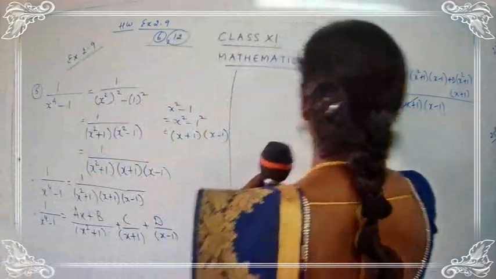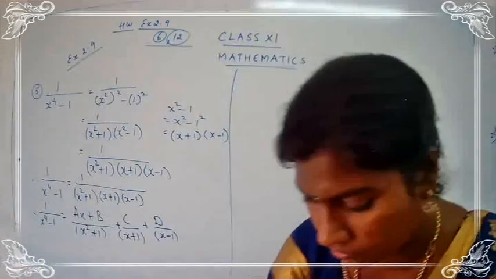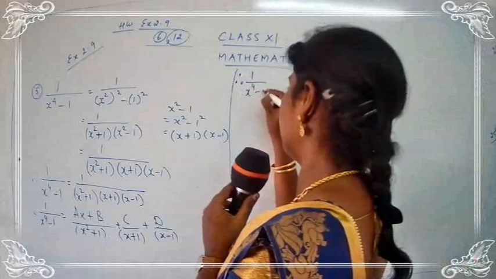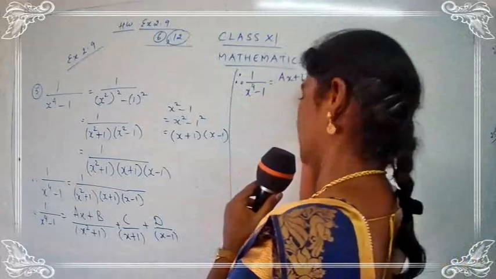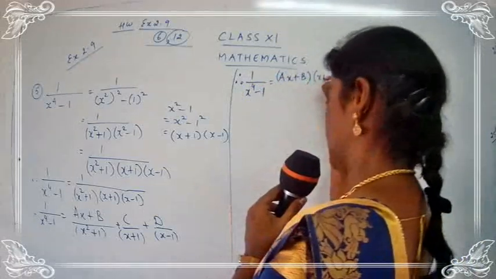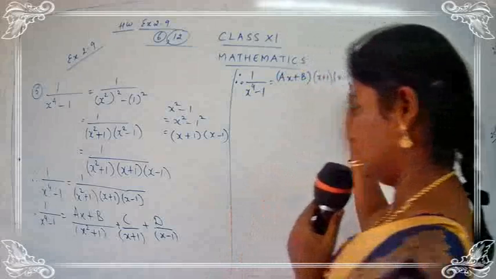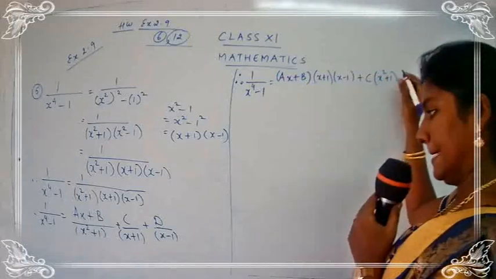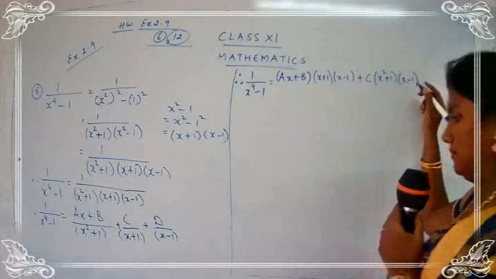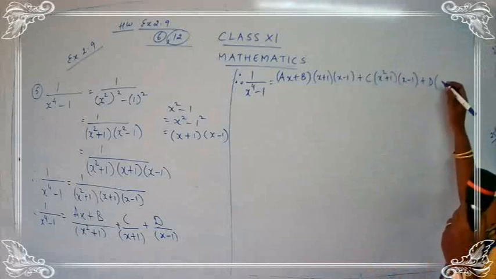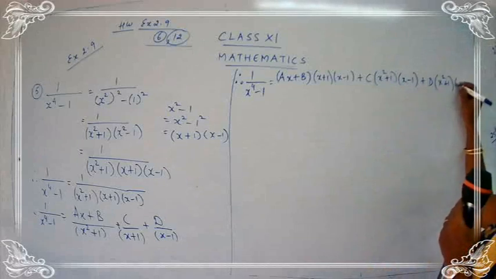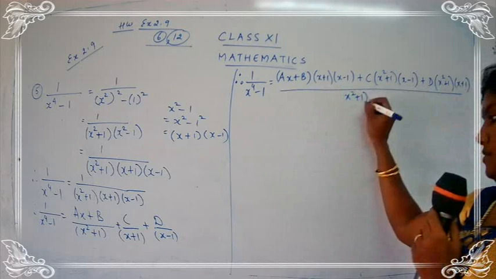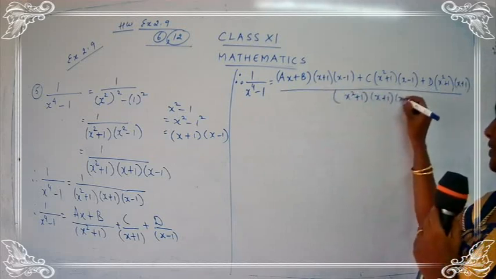I'll just write a little bigger, that's all. 1 upon x raised to 4 minus 1 is equal to ax plus b, x plus 1, x minus 1, plus c, x square plus 1, x minus 1, plus d, x square plus 1, x plus 1, upon x square plus 1, x plus 1, x minus 1.